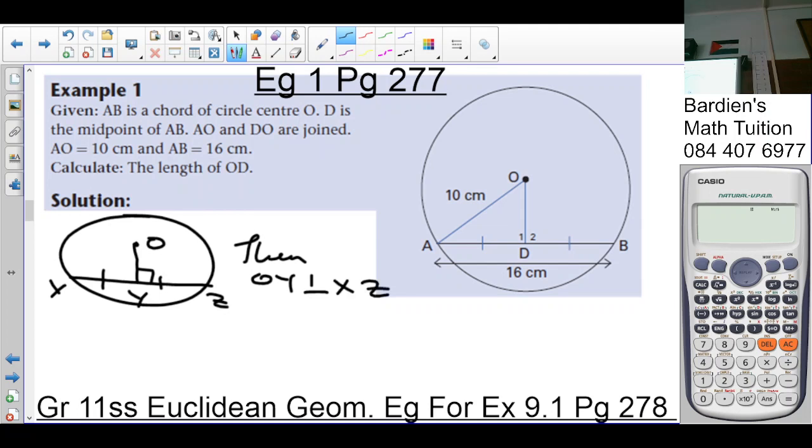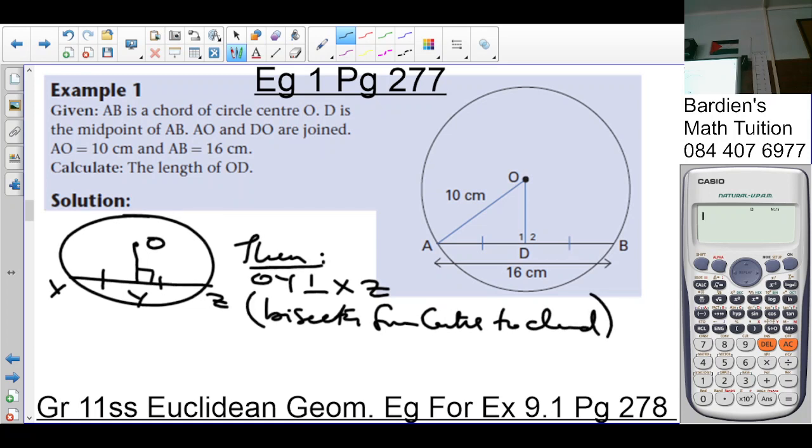And the reason is we're going to use this: bisector from center to chord. Why am I showing you this one? Because if you look at this diagram, you see there that those lengths are equal. So if those lengths are equal, we know that D1 and D2 are going to be 90 degrees apiece.